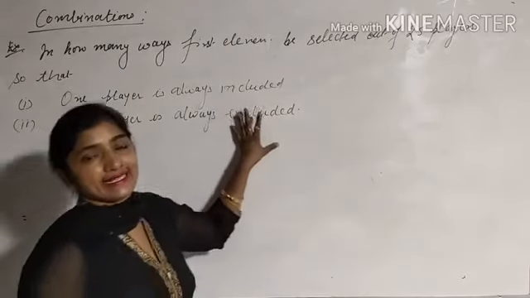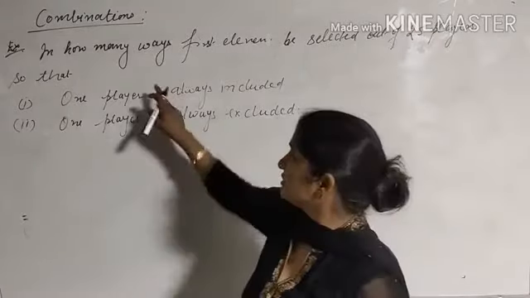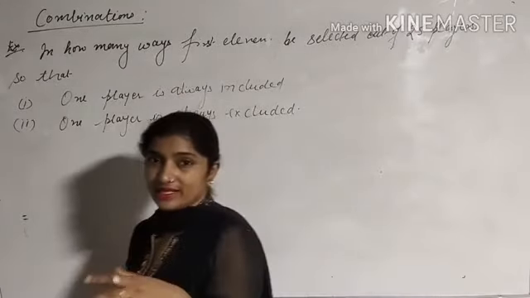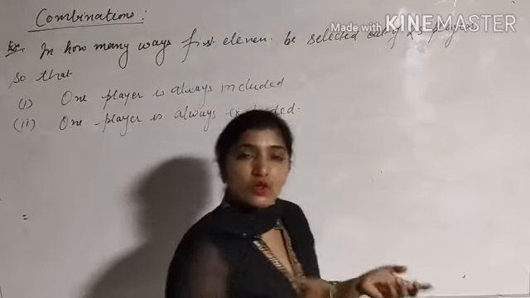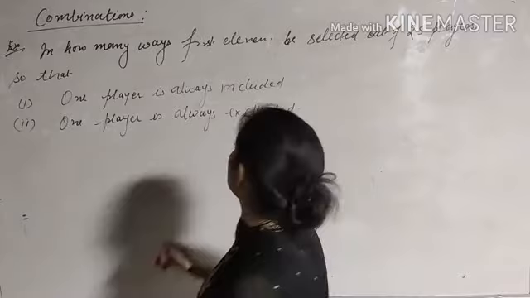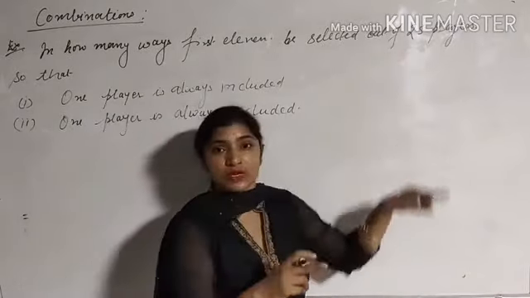Now, as far as the selection is concerned, out of 25 players, for the first case, 1 player is always to be included. That means that is already selected. So what we have to do now, we have to select only 10 players out of the remaining 24 players.